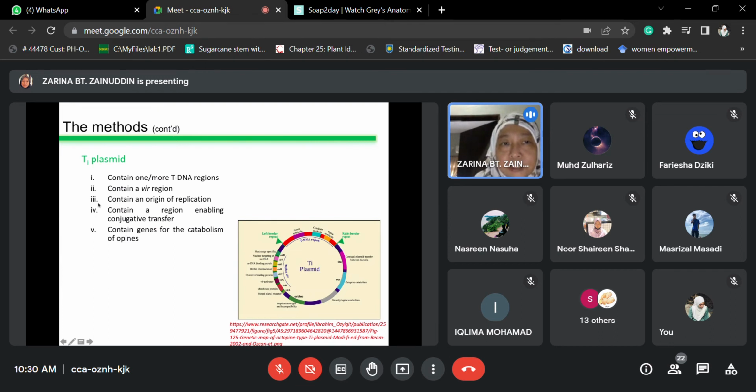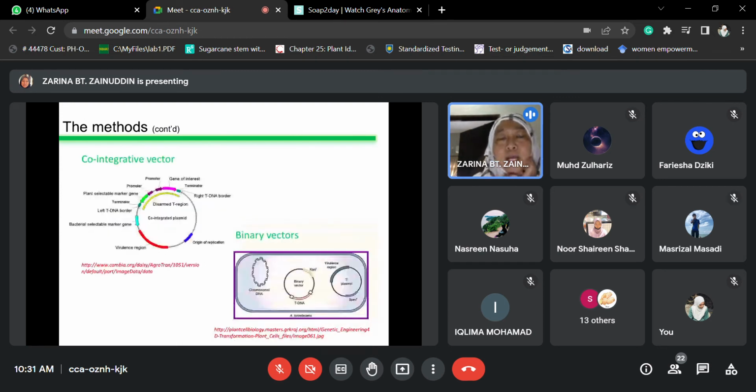So this is what you can find in TI plasmid. So based on this concept, scientists modified this TI plasmid to be used for genetic transformation of plant. Okay, clear? Any question? Tak ada? Boleh follow?